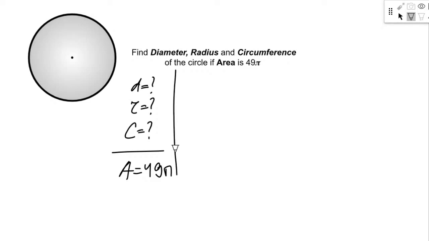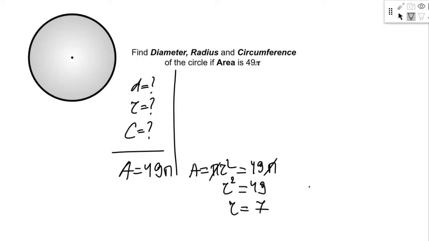Let's go. What do we know about area? We know that area equals πr squared, and this equals 49π. When we get rid of π's, we get r squared equals 49, and here r equals 7. Why can the radius not be minus 7? Because it's a length, and we always have positive lengths.